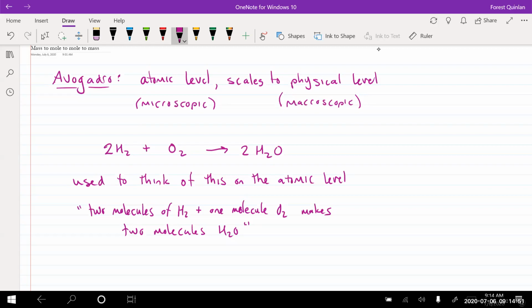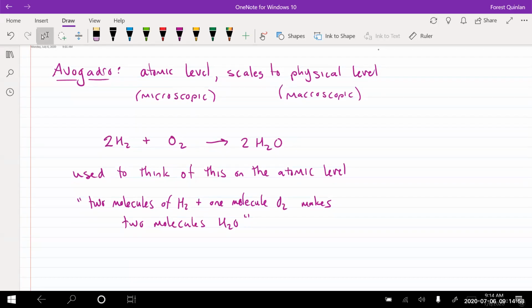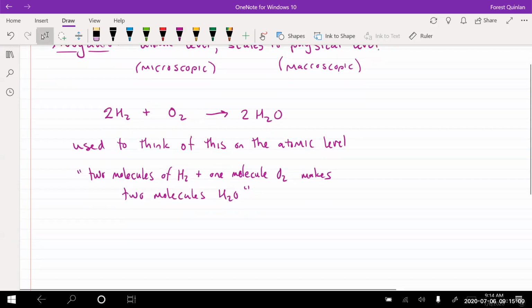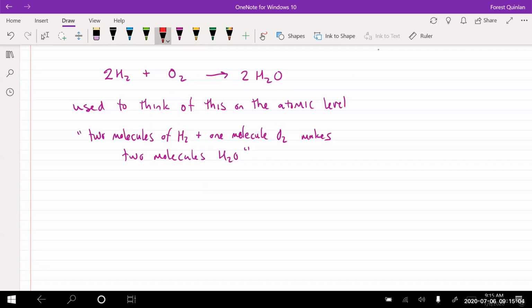Now, all we're going to do is scale this up. Everyone is going to get multiplied by Avogadro's number. So instead of thinking in terms of molecules, now we're going to think about it in terms of moles.